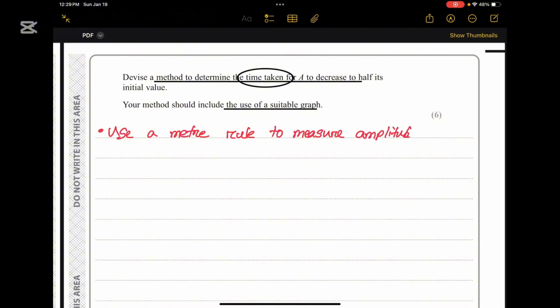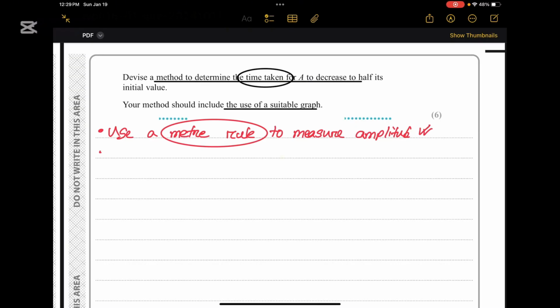As we measure the amplitude, we have to use some techniques. We have to be sure that the meter rule is completely vertical, right? In order to be sure that the meter rule is completely vertical while measuring the amplitude, we have to use a set square.